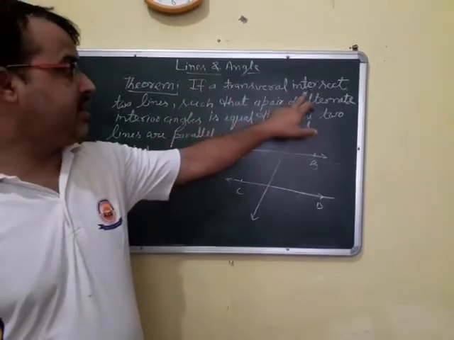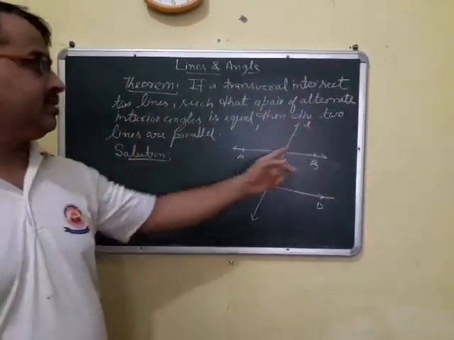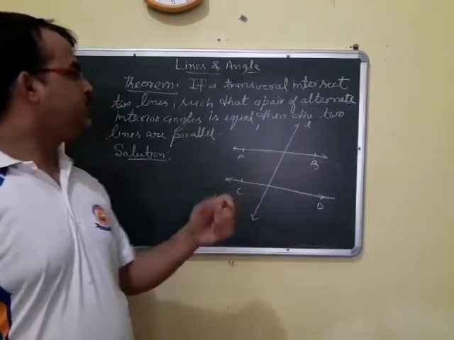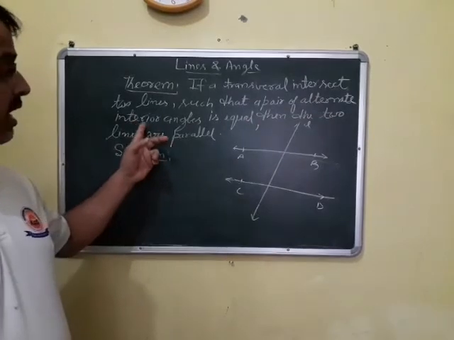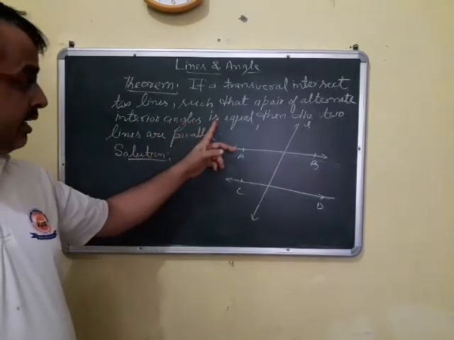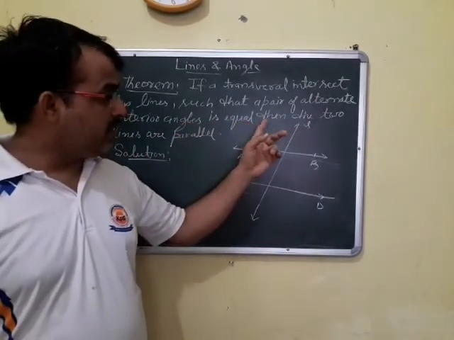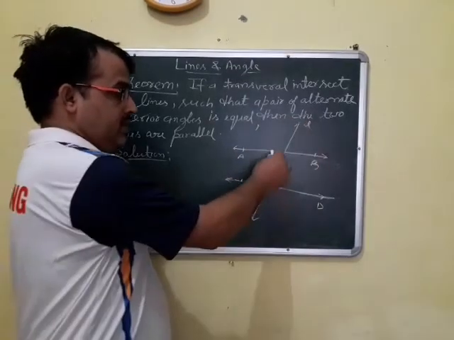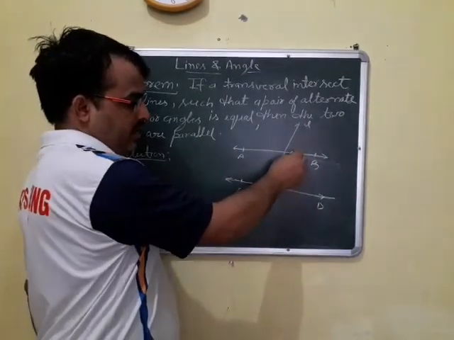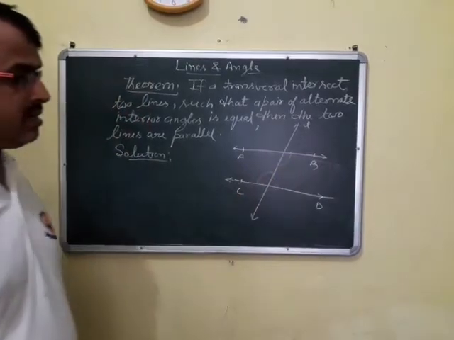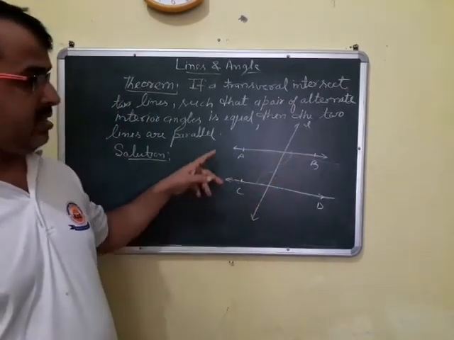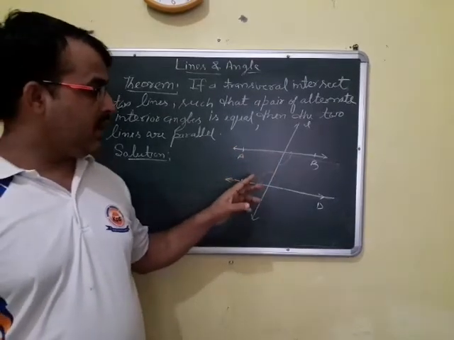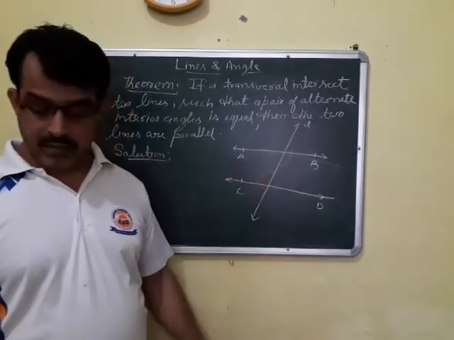If a transversal intersects two lines such that a pair of alternate interior angles is equal, then prove that... this one is alternate and this one is the alternate interior angles. If alternate interior angles are equal, then say that AB line and CD line are parallel lines.